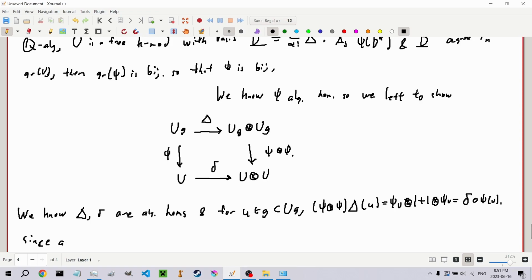Since G generates U of G, psi on delta is delta on psi on all of UG. And we are done, and I believe we are going to call it there for a video for today.